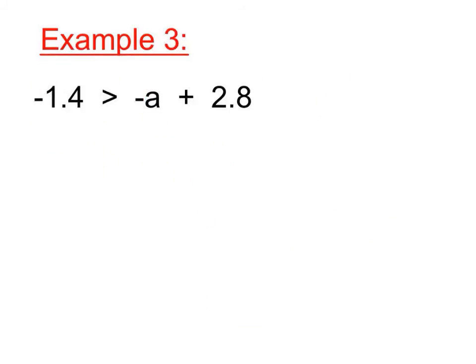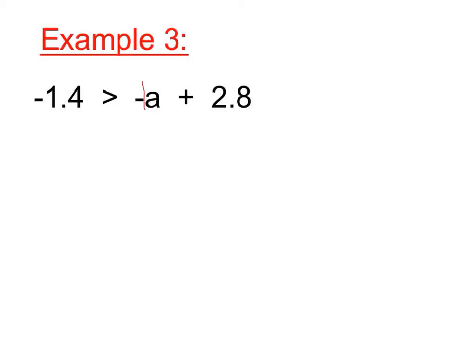One final example. We have negative 1.4 is greater than negative a plus 2.8. Remember that sometimes it's helpful when we have just a variable to go ahead and put a 1 in front so that we see that as negative 1a. Now, we have two decimal numbers. We have negative 1.4 and we have 2.8.